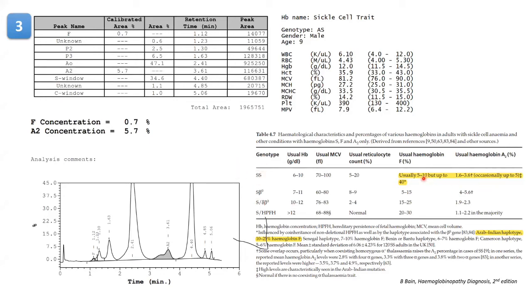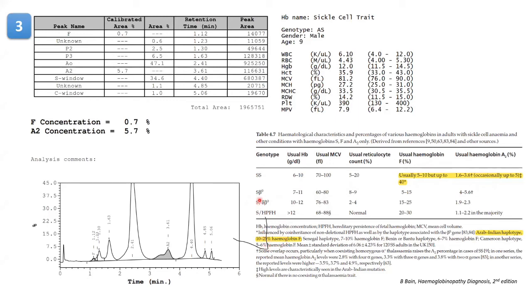This is usually done by the relative proportion of adult hemoglobin, A2 and hemoglobin F, as well as the CBC findings. The prevalent haplotype in the Indian population is the Arab-Indian haplotype. In this, hemoglobin F in homozygous state can be present all the way up to 25%.